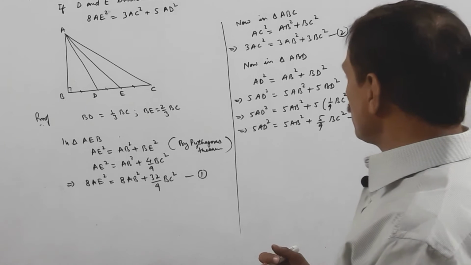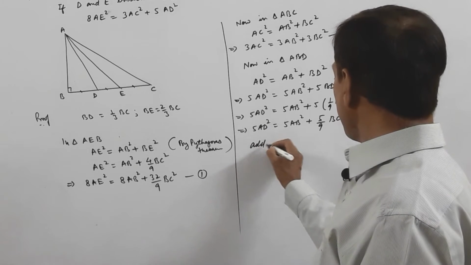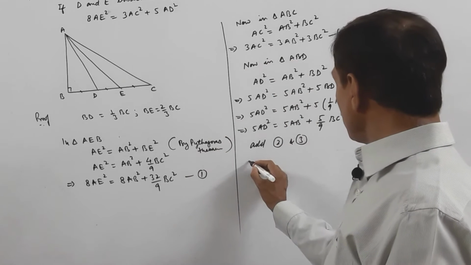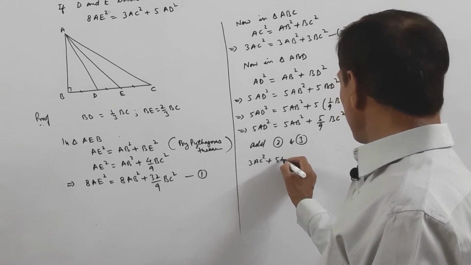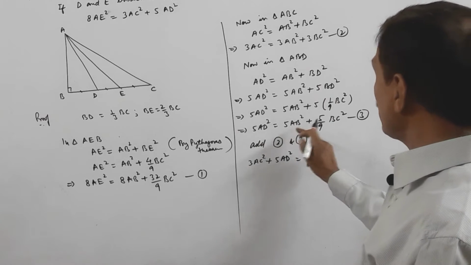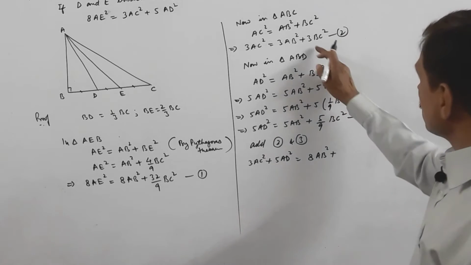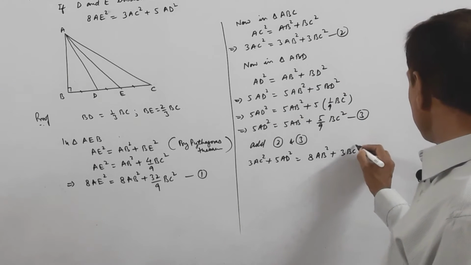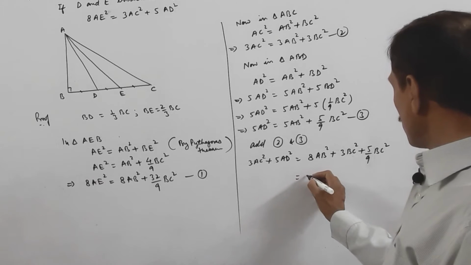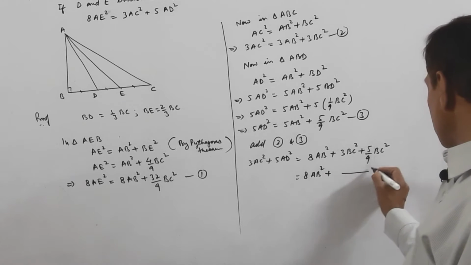Now we add 2 and 3. Add 2 and 3. So thrice of AC square plus 5 AD square is equal to 3 AB square plus 5 AB square, that is 8 times of AB square, plus thrice of BC square plus 5 by 9 BC square, that is equal to 8 times of AB square plus we can take LCM 9.